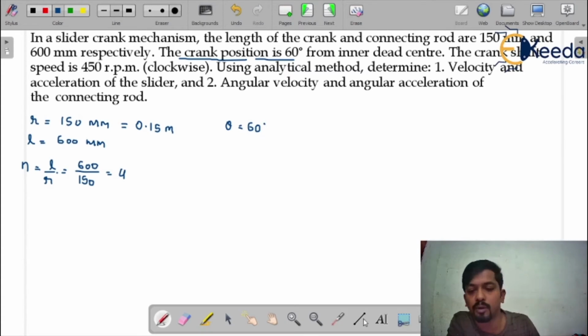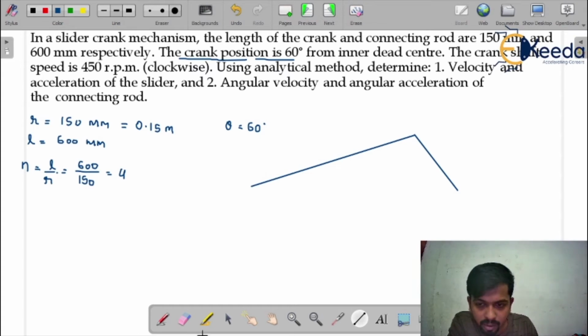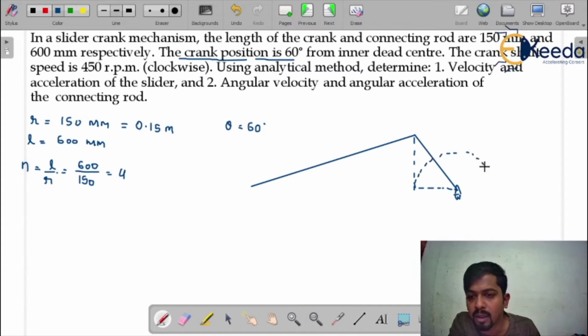If you are not able to understand, you can see the diagram. This is our crank and this is the connecting rod. I am just drawing the rough diagram here for understanding purposes. This is the crank rotation, and this is basically the inner dead center.